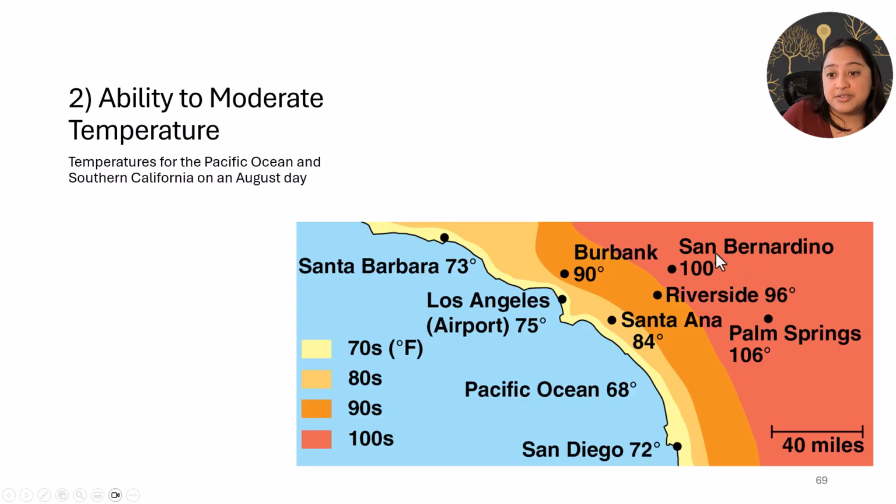Around us in San Bernardino, the high desert, it's going to be about 100 degrees or maybe more. But if you were to go closer to the coast, again, it's all that water that's absorbing the heat. And so the temperature around here is only going to feel like 75 degrees or maybe even 72 degrees. And then if you were on the water, it'd be like 68 degrees.